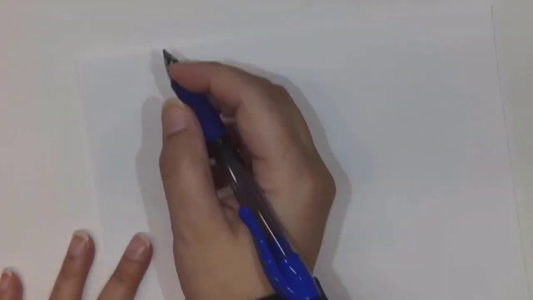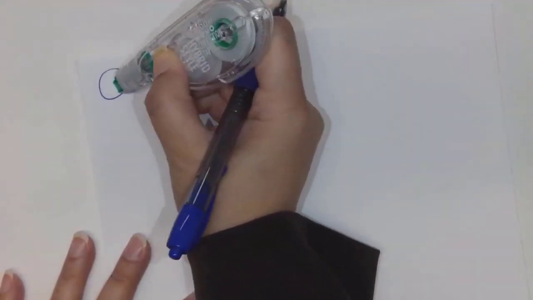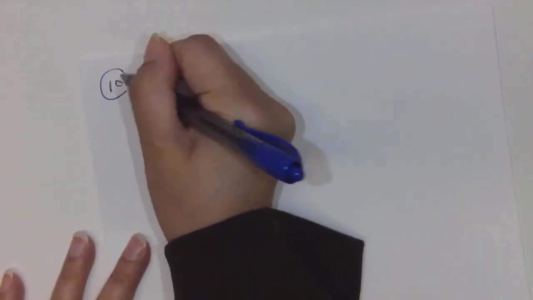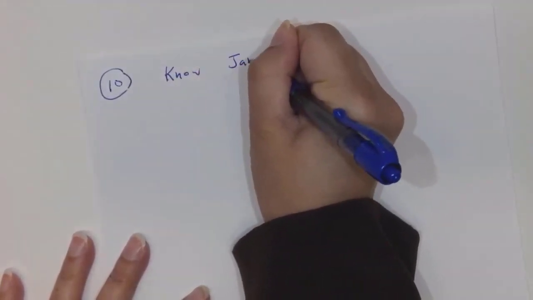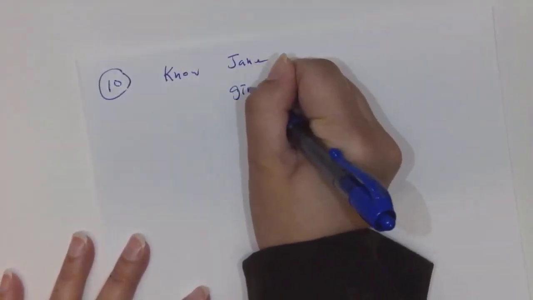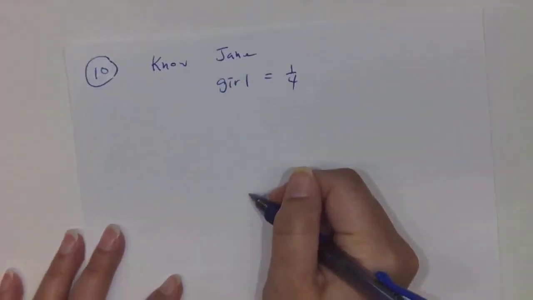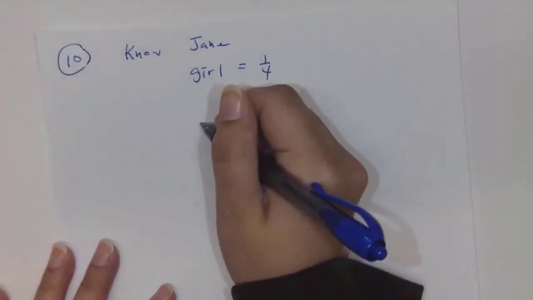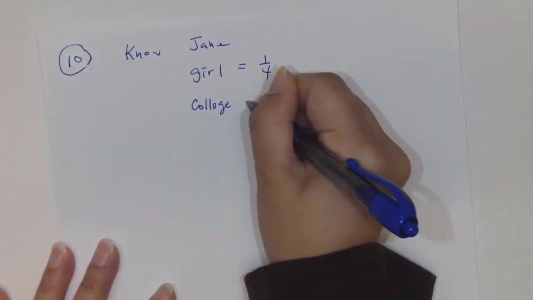Okay, so let's write down what we know first. Number 10. So what do we know? She spent a quarter of her life as a girl, equal to 1/4 of her life. What else? 1/5 of her life in college, 1/5.